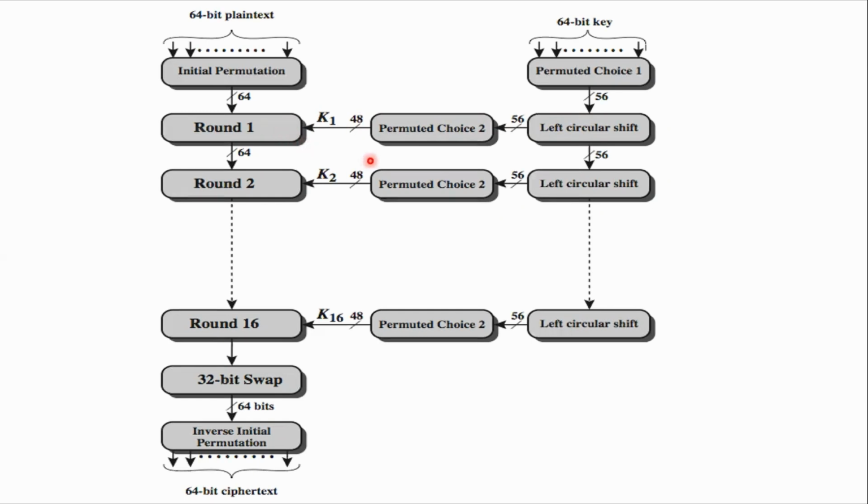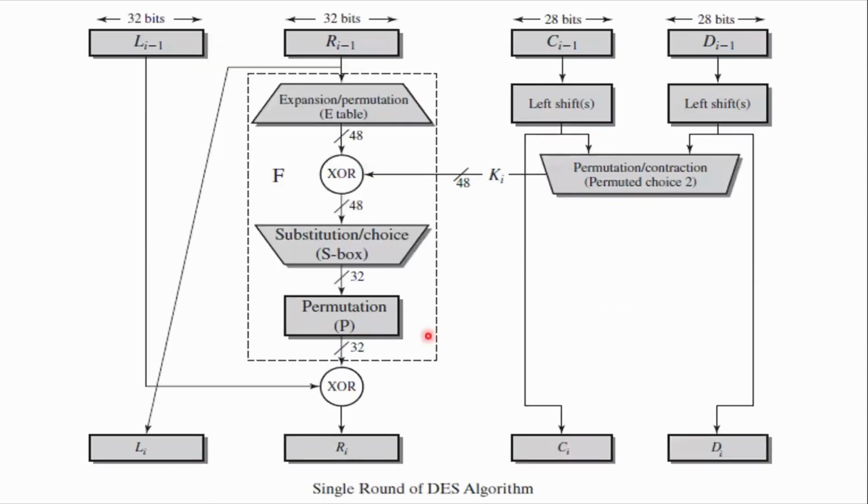Now what is happening in the round is detailed in this diagram. As you know, every plain text is divided into two halves, left part and right part. The Feistel function that we have seen has 4 basic steps. First one is the expansion. Why do we need an expansion table?